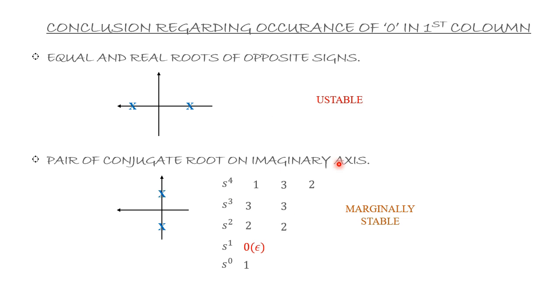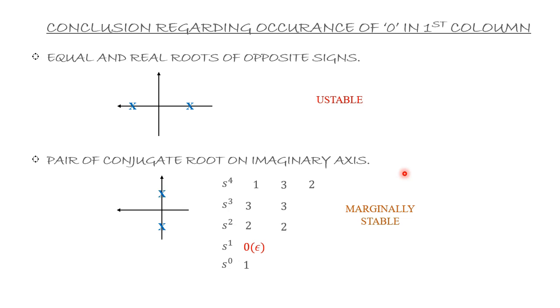So if a zero occurs in a column, there is no possibility that the system will be stable. It is either unstable or marginally stable. If a zero comes in the first column, then it will not be stable at all, it will be either unstable or marginally stable.